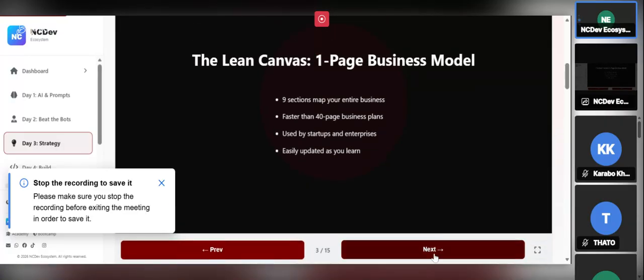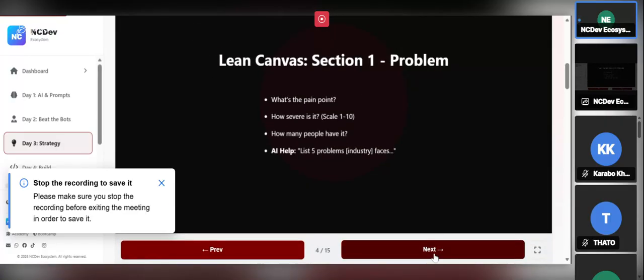So this is the key thing about the lean canvas model. We're not saying the business plan is redundant and you don't need that. All we are saying is that you need a model to start with, before diving into that long document, right?